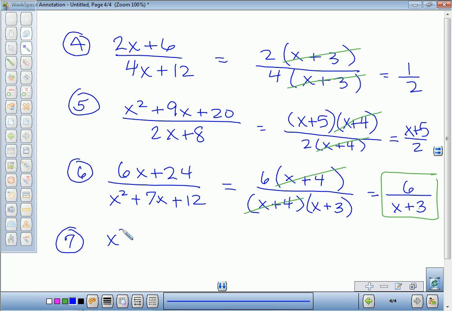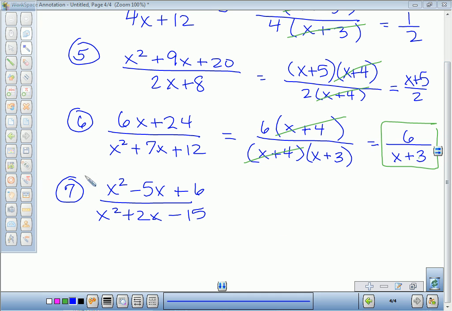Let's try this one. X squared minus 5x plus 6 over x squared plus 2x minus 15. And I want you to try this one on your own. We'll make this a you try.